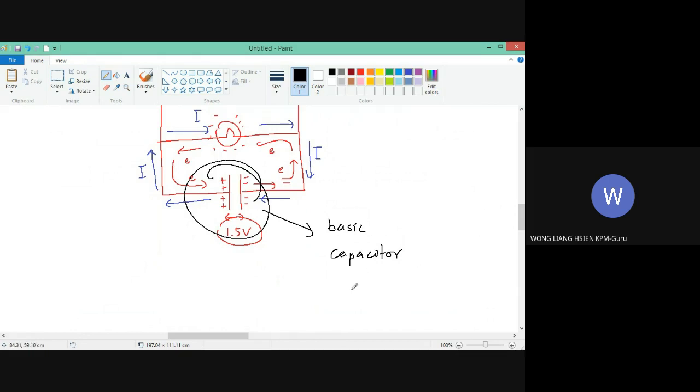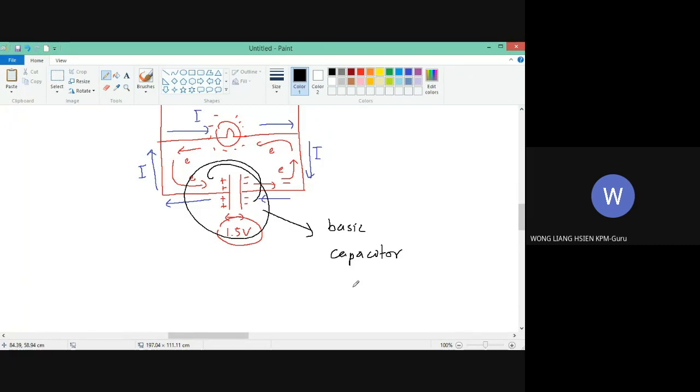Capacitor is related to the word capacity. That means you can fill something into the capacitor. The capacitor has a capacity to keep, to store things, and in this case, the things that it can store are electric charges.